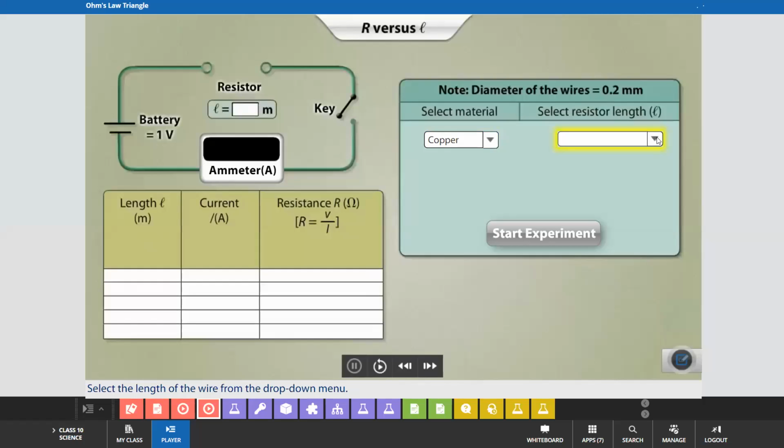Now, select the length of the wire and click Start Experiment to close the key and note down the ammeter reading. Repeat the experiment using different lengths of the wire.